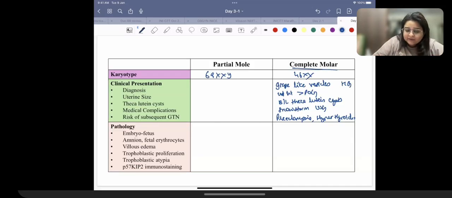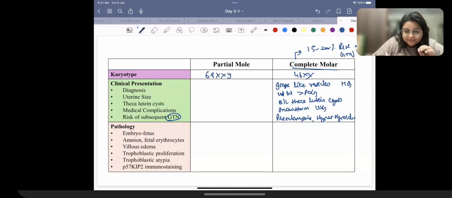Also remember, with complete mole there is a higher risk of subsequent neoplasia. Choriocarcinoma is more common in this. The chance of it becoming a choriocarcinoma is higher. It is around 15 to 20% risk of GTN, gestational trophoblastic neoplasia.